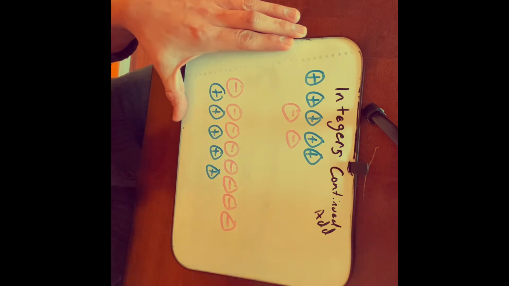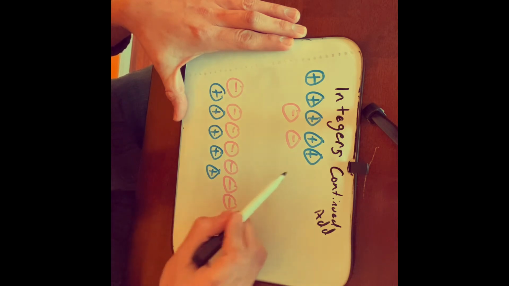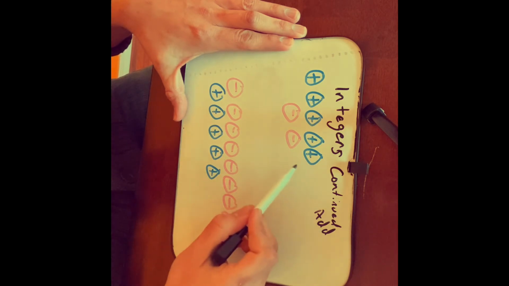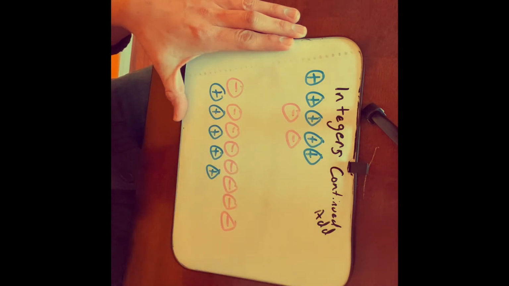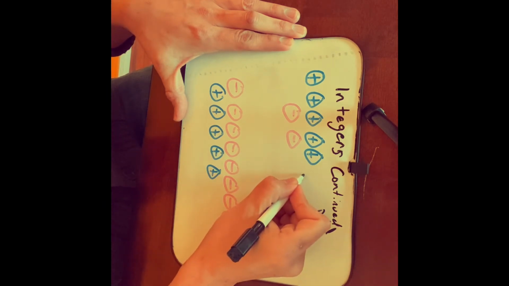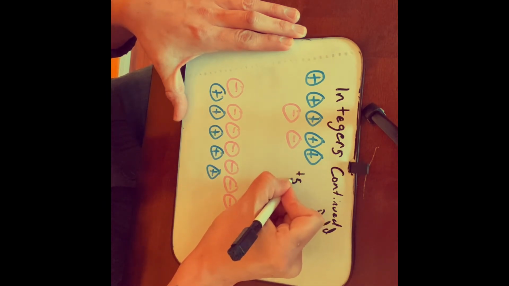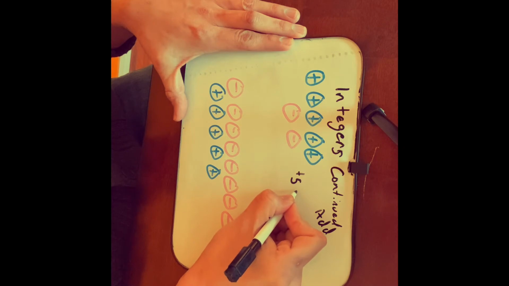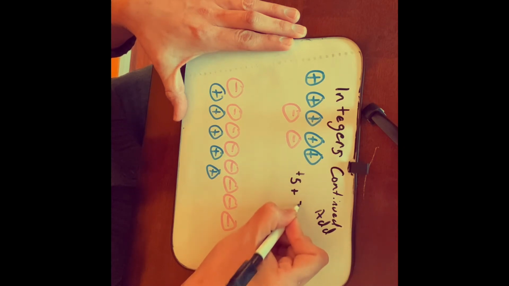So if we were to create a number sentence for these integers, it would look something like this: +5 plus -2.